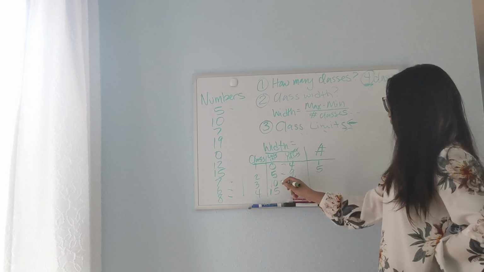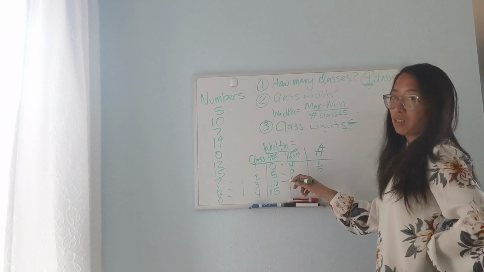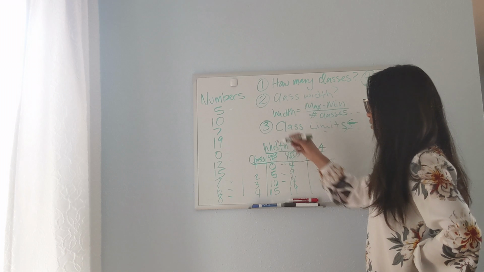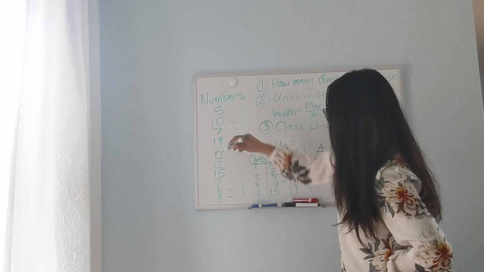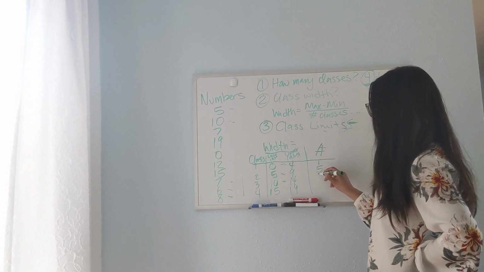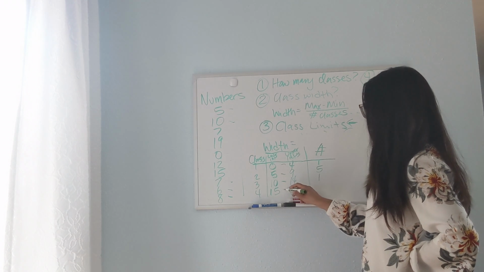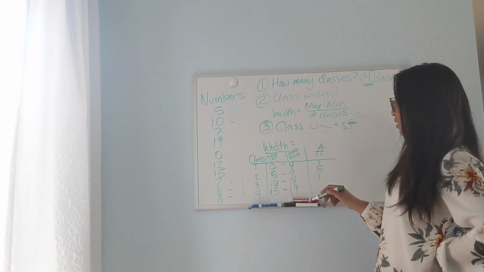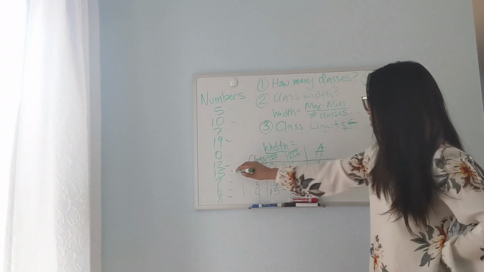And then for my third class, from 10 to 14, I have 1. Then finally, my highest class, 15 to 19, it looks like I just have 2 numbers.